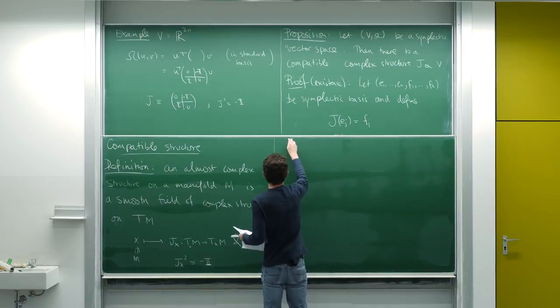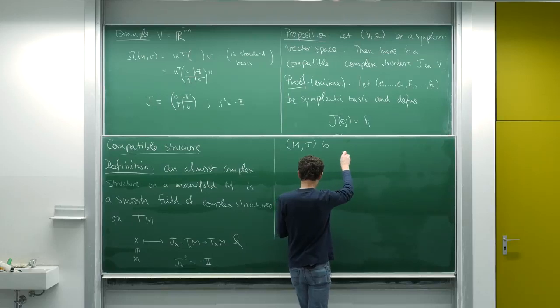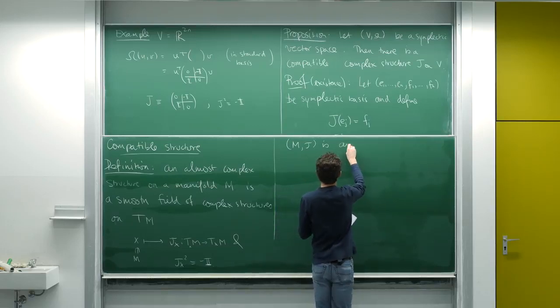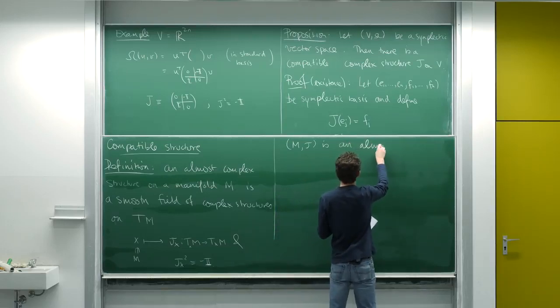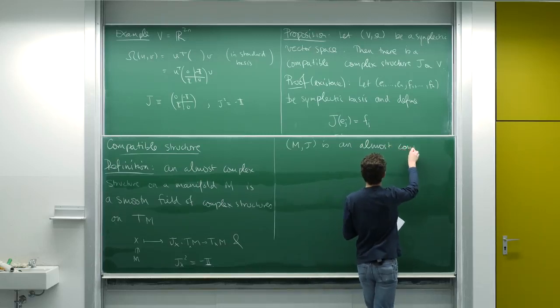And if you have such a thing, then we say that we have an almost complex manifold.